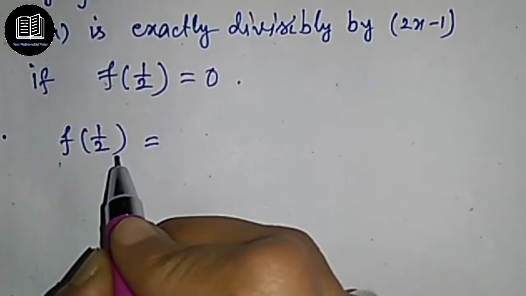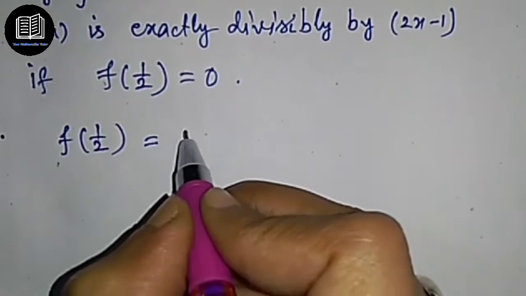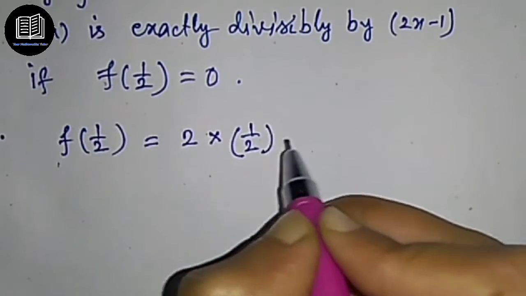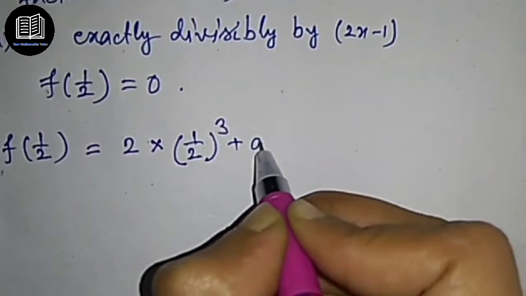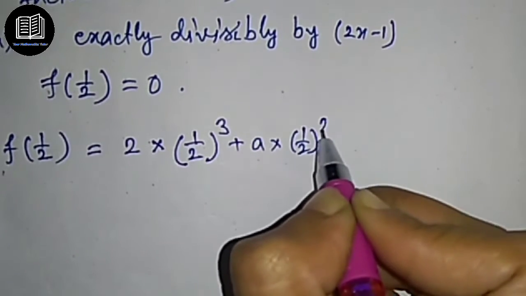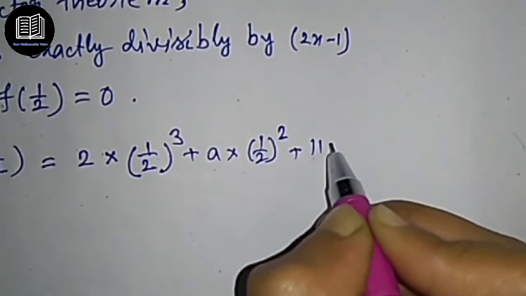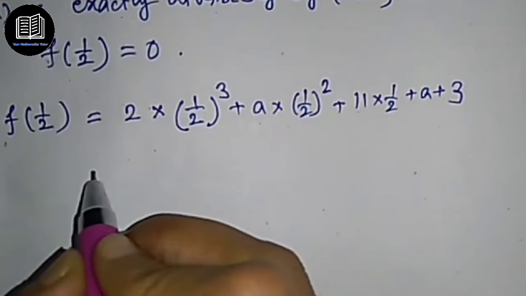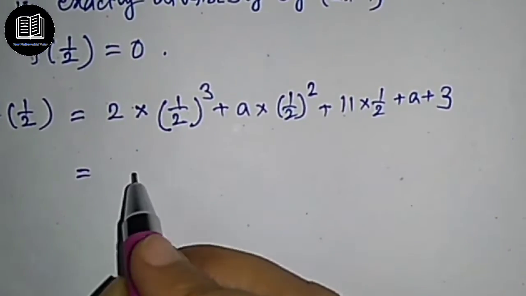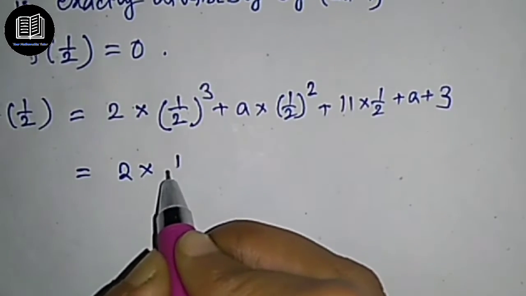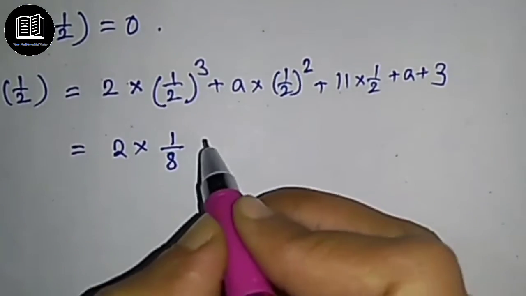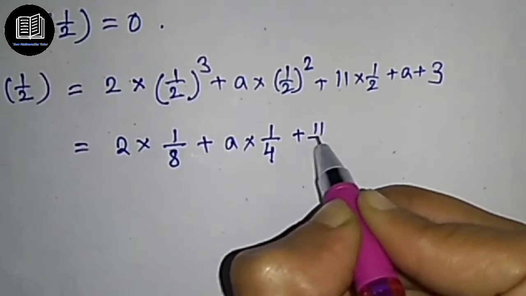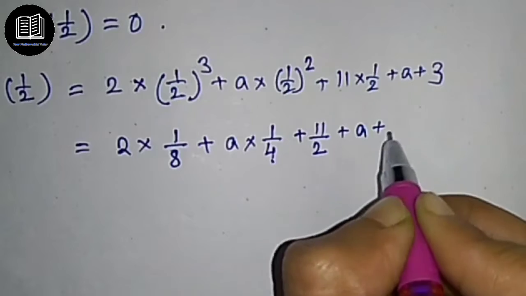Put the value of x as half in f(x), that is 2 into half whole cube plus a into half whole square plus 11 into half plus a plus 3. Half cube means 1 by 8. Half square means 1 by 4. This is 11 by 2 plus a plus 3.